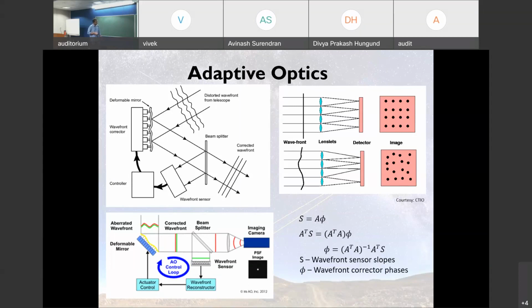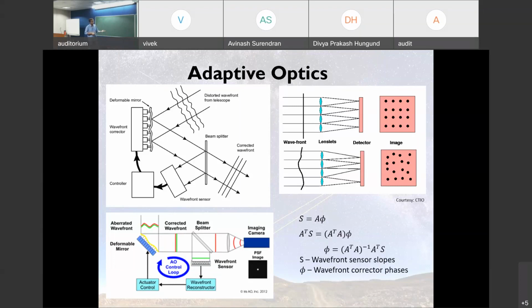This matrix multiplication is the one which decides the computational requirement of the adaptive optics system. AO systems for larger telescopes usually have a larger number of actuators and lenslets to accurately spatially sample the wavefront.